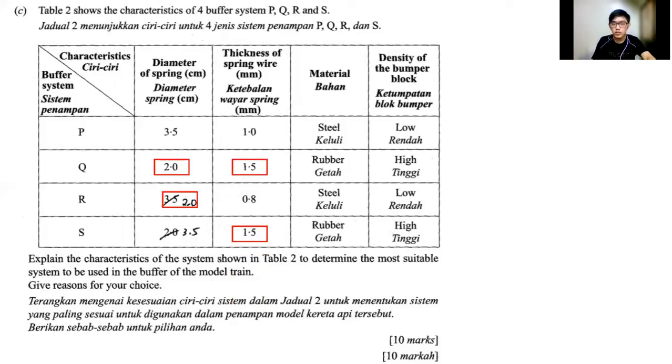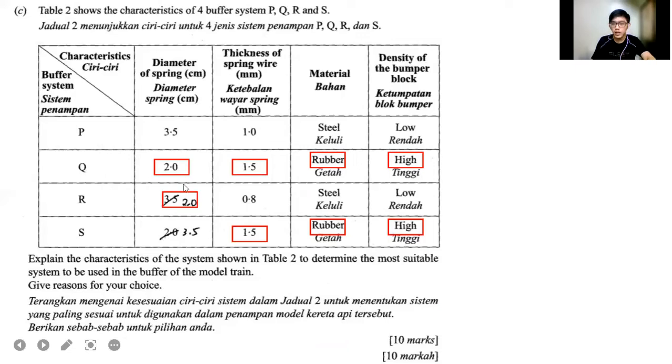So our choice is Q and S. And the material must be soft to reduce the impulsive force. And lastly, the density must be very high so that it can withstand the force. So from the conclusion here, our choice will be Q.